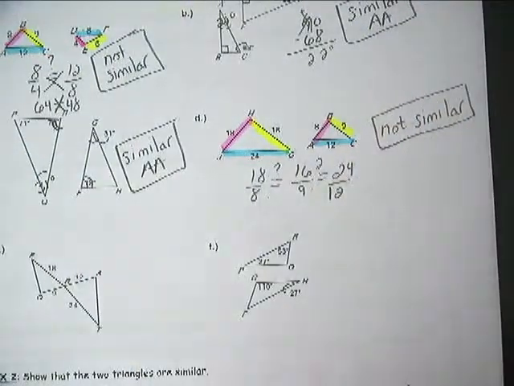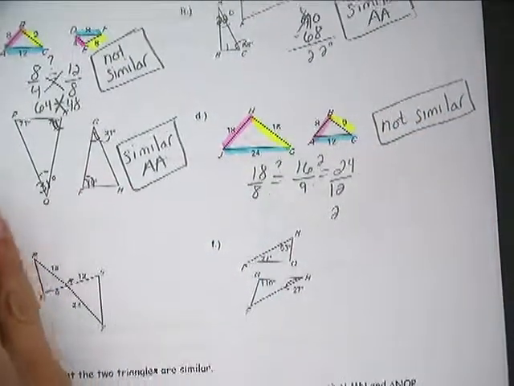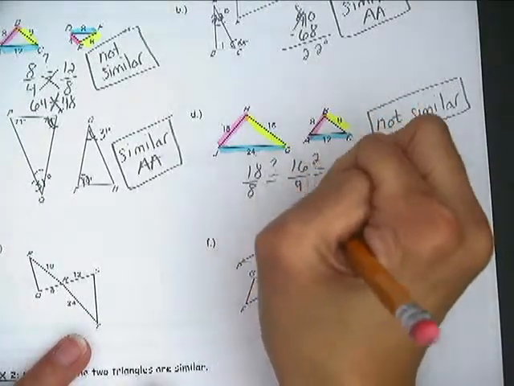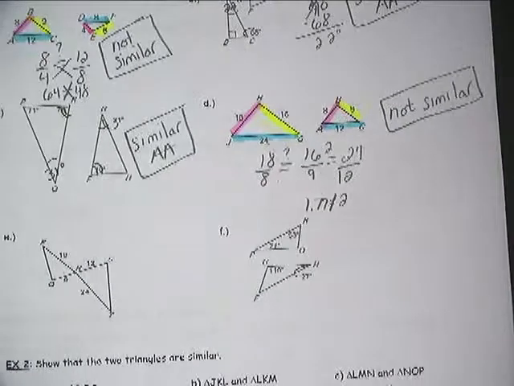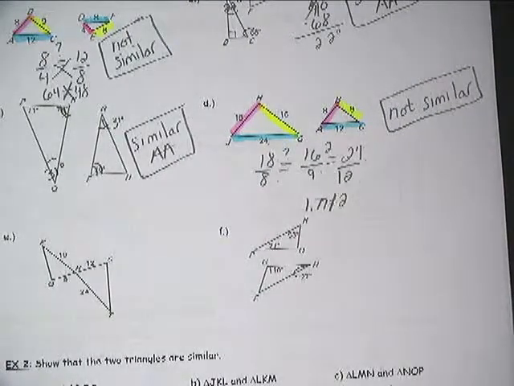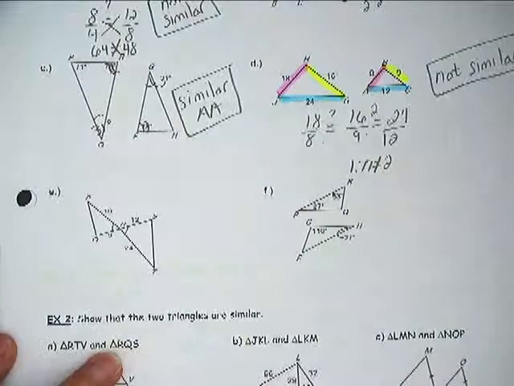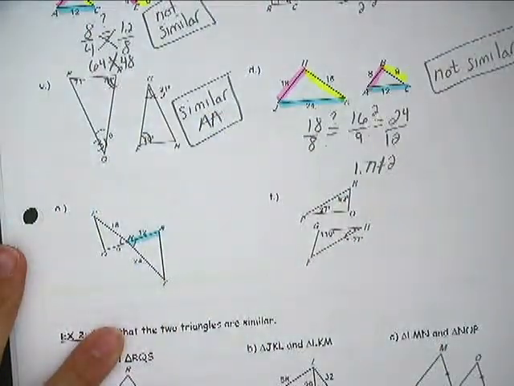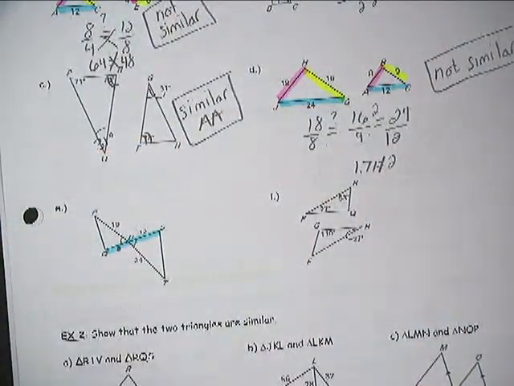Now already with 24 over 12, I can see that that simplifies to 2. But 16 over 9 doesn't simplify to 2, and neither does 18 over 8. So since they don't simplify to the same fraction, they're not similar to each other. Yeah, 24 over 12 is 2, and 16 divided by 9 is 1.77. So yeah, they're not equal.